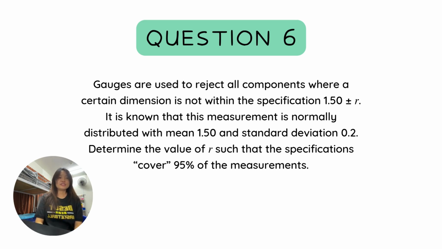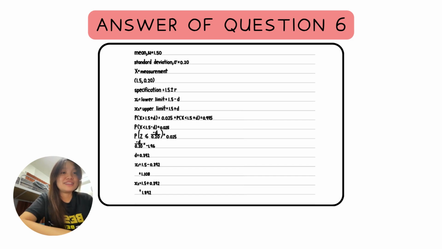So question 6 is, gauges are used to reject all components where a certain dimension is not within the specification 1.5 plus or minus r. It is known that this measurement is normally distributed with mean 1.5 and standard deviation 0.2. Determine the value of r such that the specification covers 95% of the measurements. The given mean is 1.5 and standard deviation is 0.2.